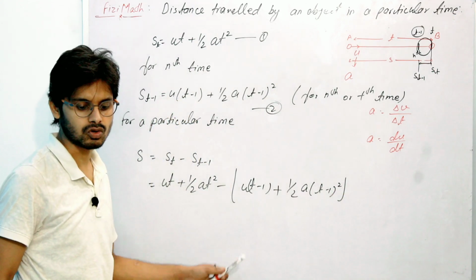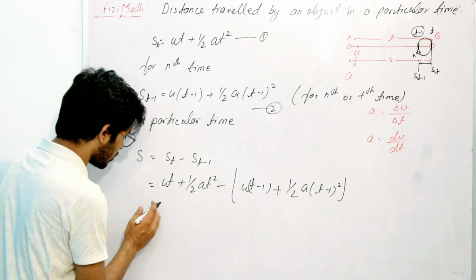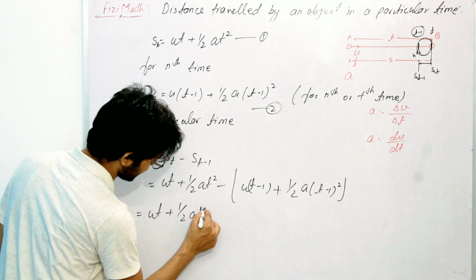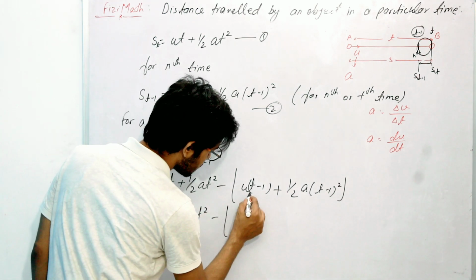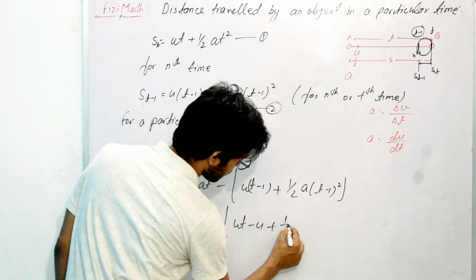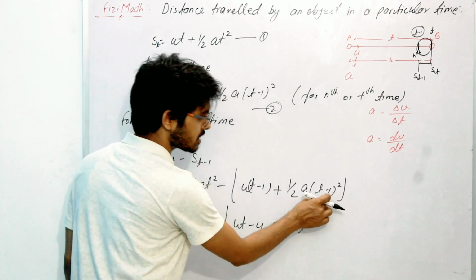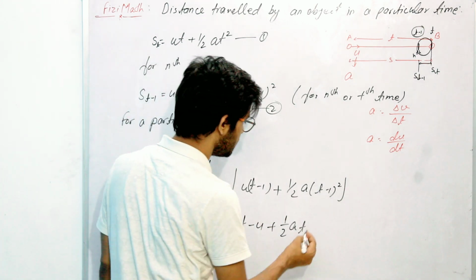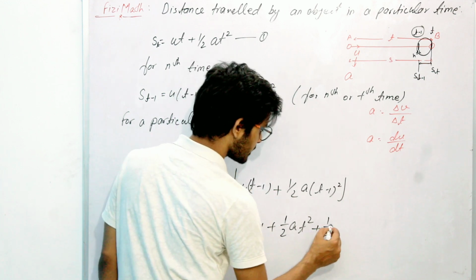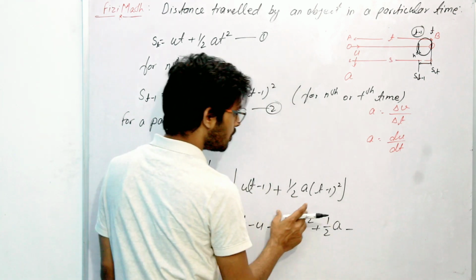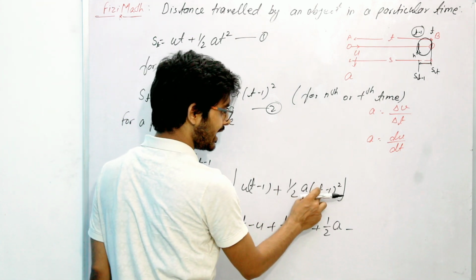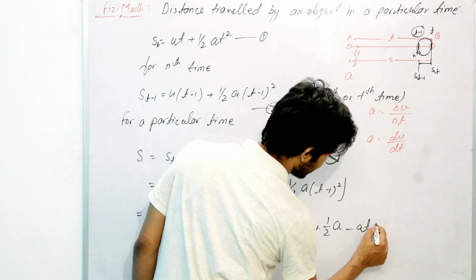Now we will solve this equation. On solving this equation we have got ut plus 1 upon 2 at square minus, solve this, ut minus u plus 1 upon 2 a, t minus 1 whole square, a minus b whole square, a square plus b square minus 2ab. So at square plus 1 upon 2 a and minus 2ab, so minus 2ab means 1 upon 2 into 2 and t, so here it will be at.